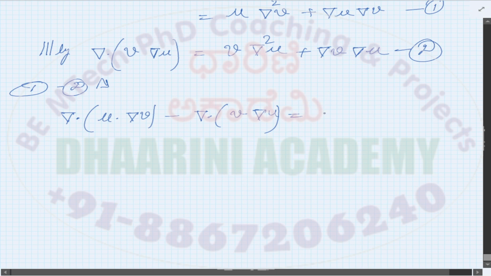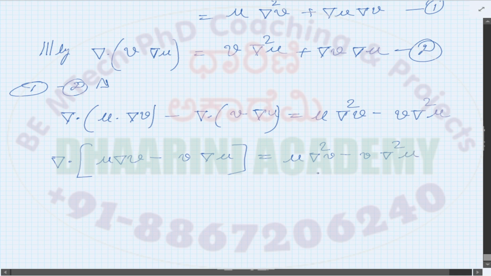So this is u into del square v minus v into del square u. On the left hand side I can move the del outside. So this is del dot of u into del v minus v into del u is equal to u times del square v minus v times del square u. This is what they had asked us to prove.